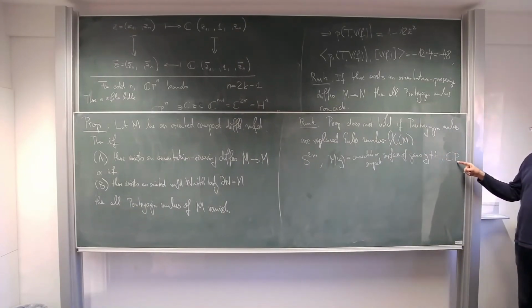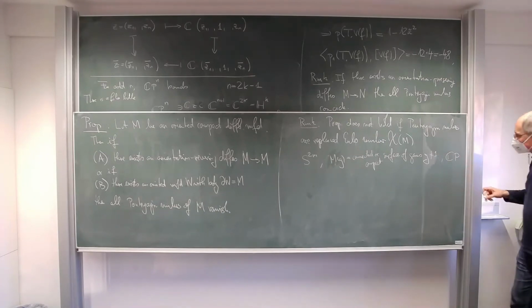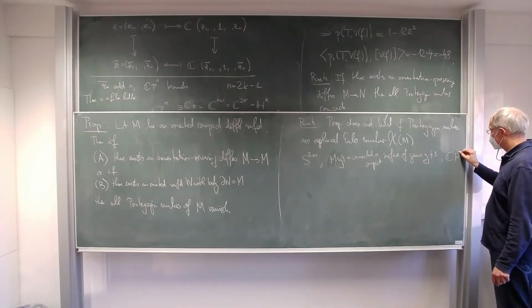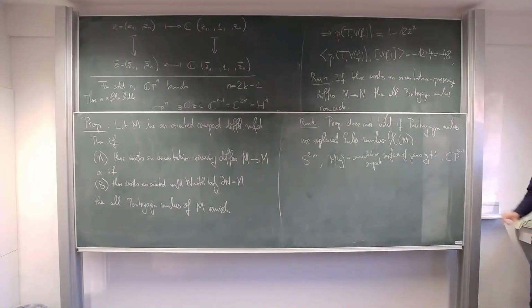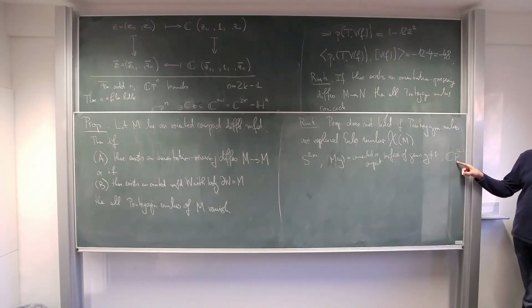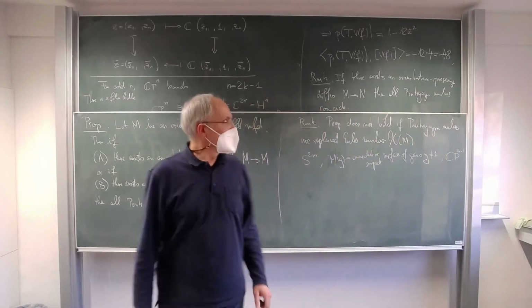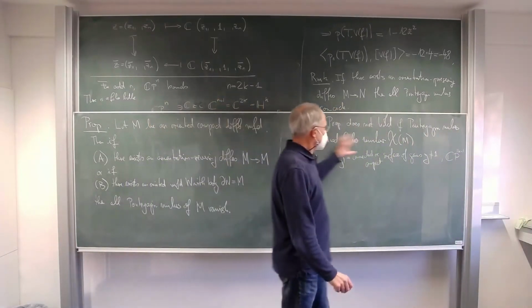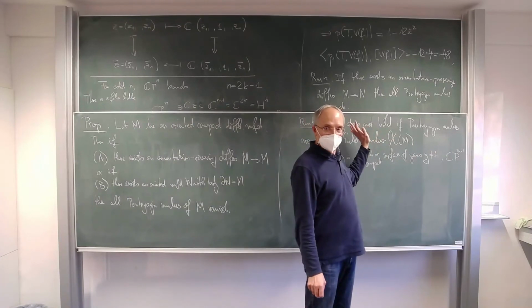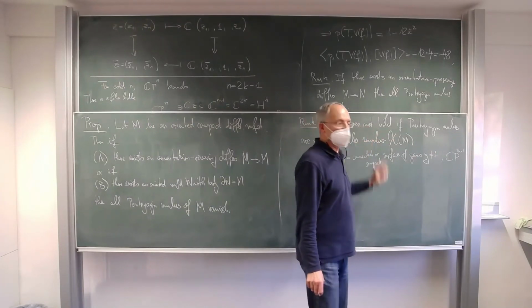If you take CP to some odd power, then we have seen this bounds, and it has an orientation reversing diffeomorphism. But the Euler number is what? It's one more than the complex dimension. So lots of counterexamples actually, right? So the Euler number behaves completely differently to the Pontryagin numbers. That's the point I want to make.